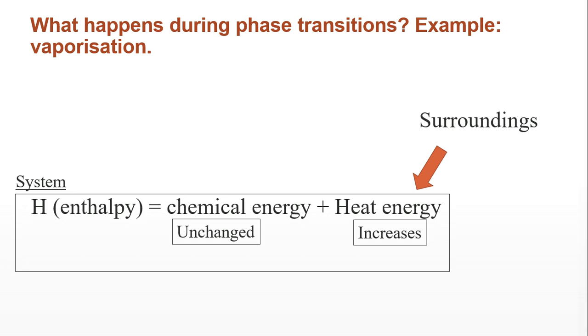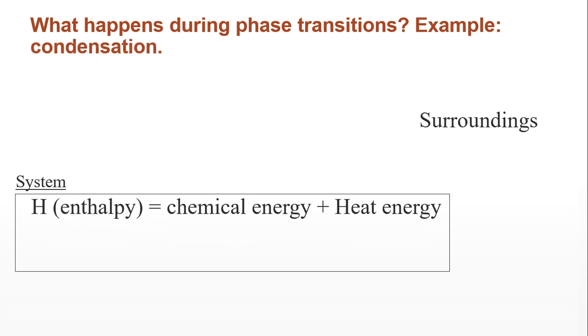The chemical energy is unchanged. Water molecules are water molecules even in boiling water and in vapor and in liquid water. But since we add heat energy into the system, then the total energy content within the system, that is enthalpy, will also increase. So we can think about it like that.